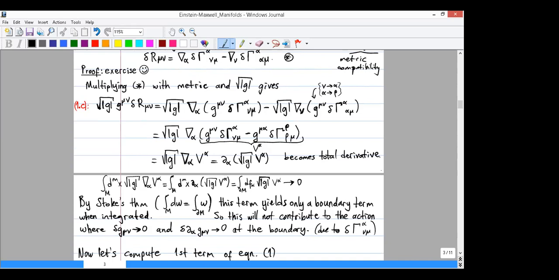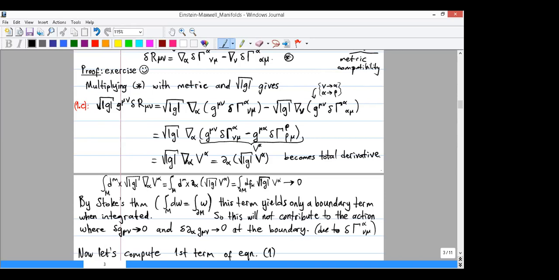This is a tensor because we have the difference of Christoffel symbols, so this we can denote as V^alpha. And so what we have here is the covariant derivative nabla_alpha V^alpha.